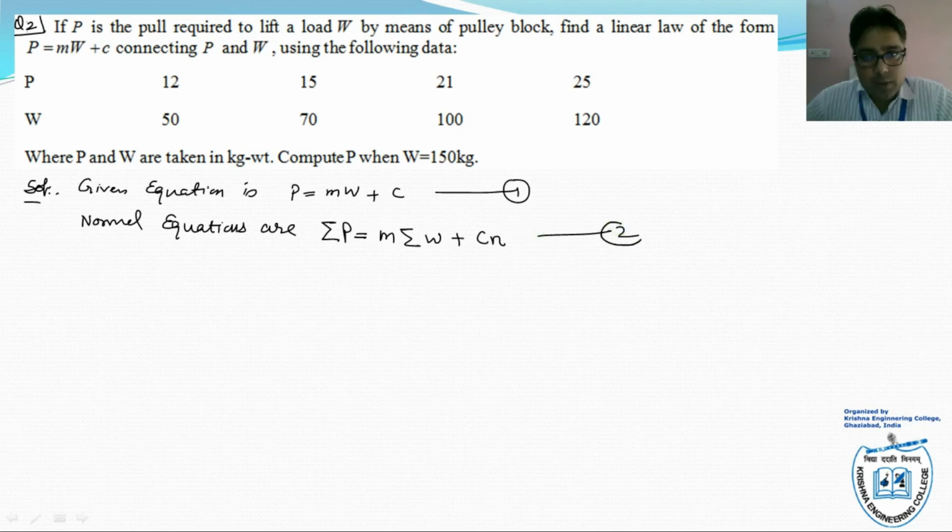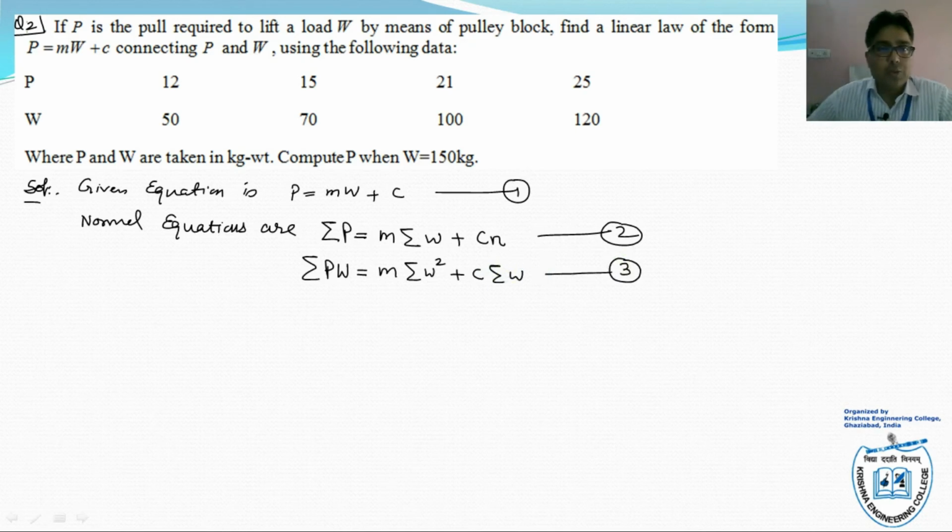This is the normal equation corresponding to constant C. The other normal equation, corresponding to constant m, is sigma PW is equal to m sigma W square plus C sigma W. This is the normal equation corresponding to constant m. Now on the basis of normal equations second and third, we construct the table.